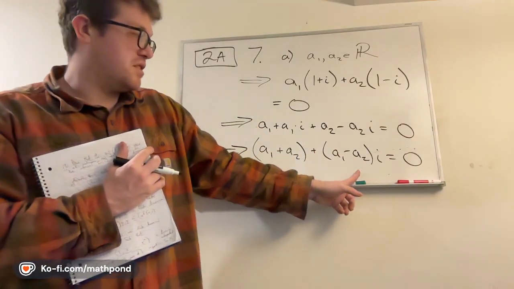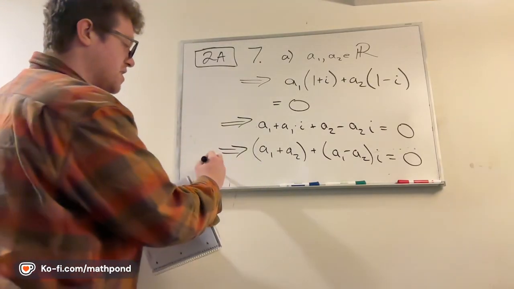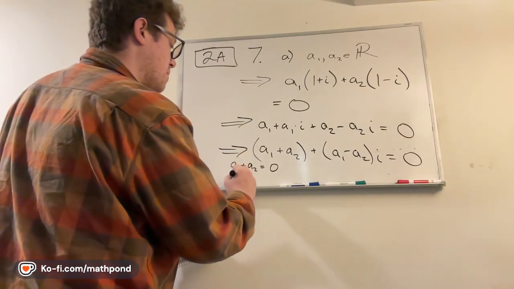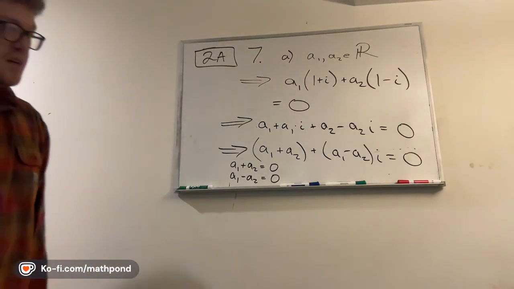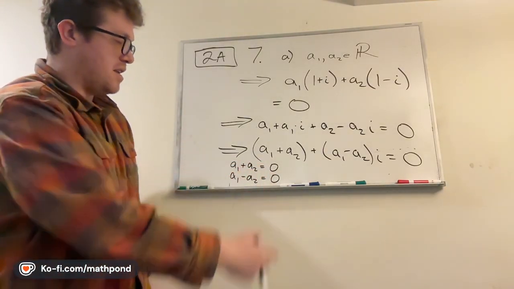0 simultaneously. So now we have a system of linear equations: a1 plus a2 is 0, and a1 minus a2 is 0, and we need this to be solved simultaneously. So a1 and a2 need to add to 0, and the difference has to be 0.